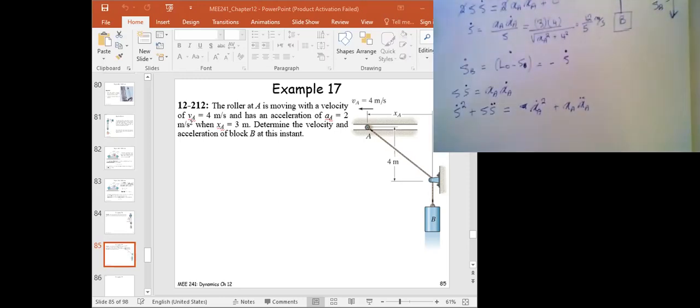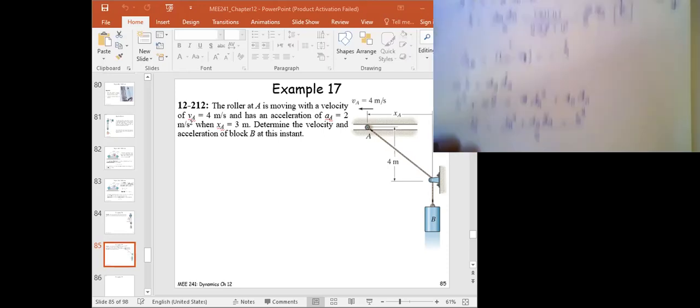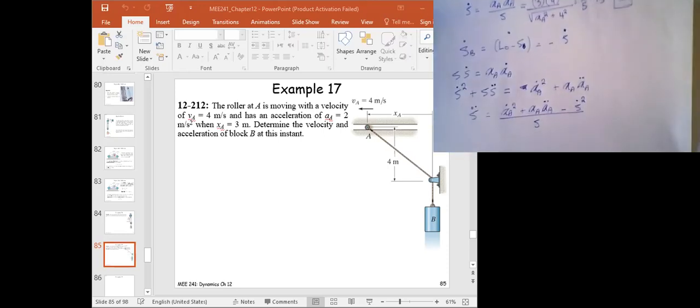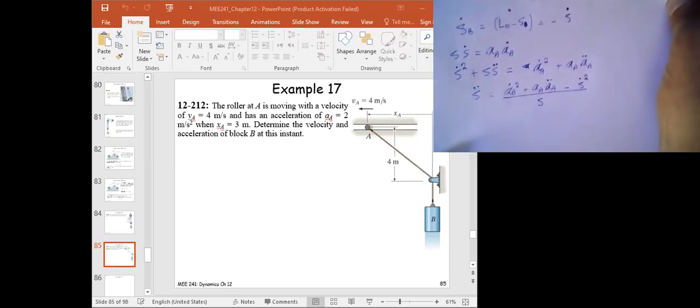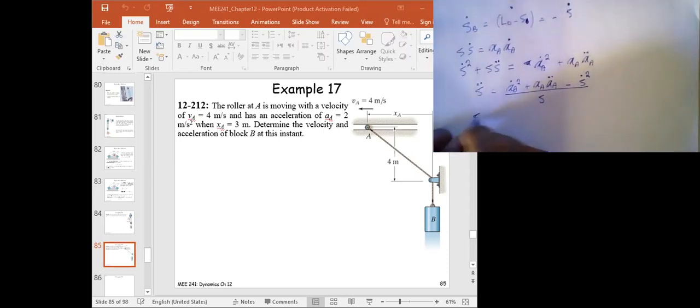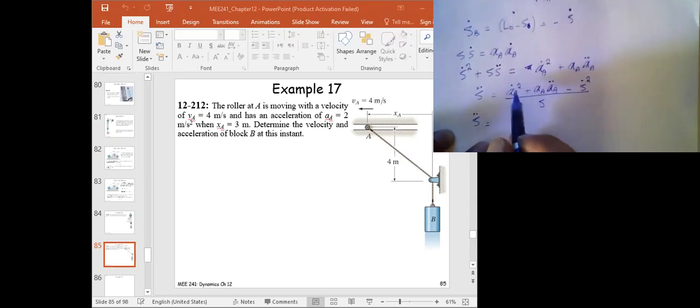So we're trying to find S double dot. What is S double dot? S double dot is going to be equal to X prime A squared plus XA double dot, minus S prime squared, divided by S. Okay, so what would then be S double dot? What is X prime A squared?